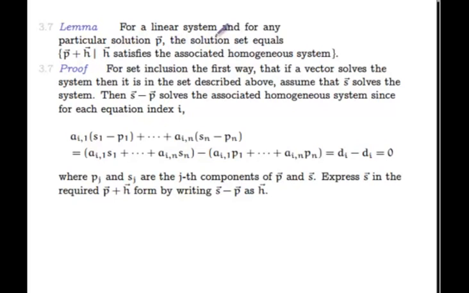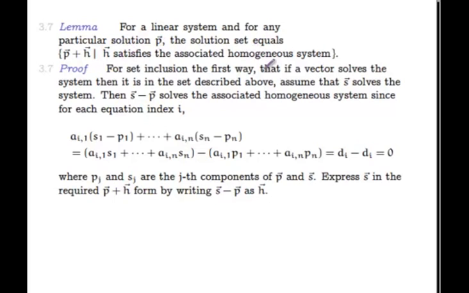That means that the solution set is a subset of the set of all vectors satisfying this condition. So we're going to show that every solution satisfies this condition. All right, and then in order to finish the proof, we'll have to show that every vector that satisfies this condition is also a solution.